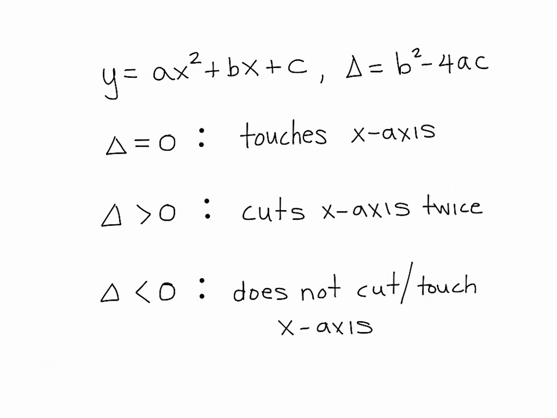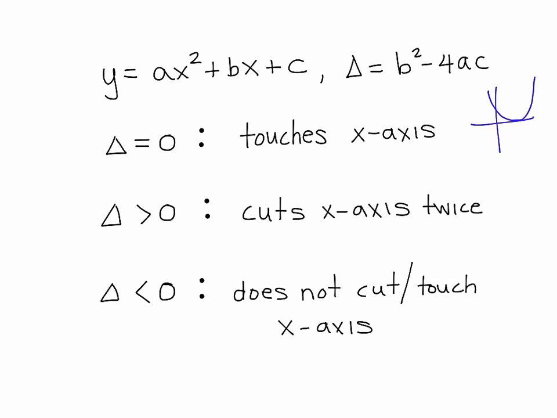Here is a quick summary of what we just did. Given a quadratic equation, y is equal to ax squared plus bx plus c, we know that the discriminant is equal to b squared minus 4ac. If the discriminant is equal to 0, the graph is touching the x-axis. Touching. Whoops, that does not look like it's touching.